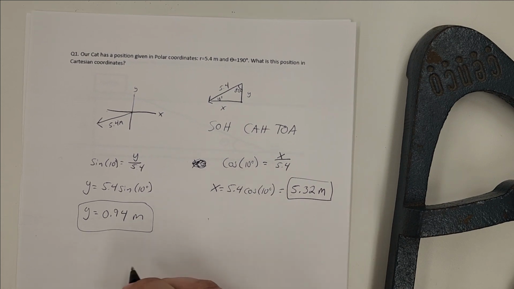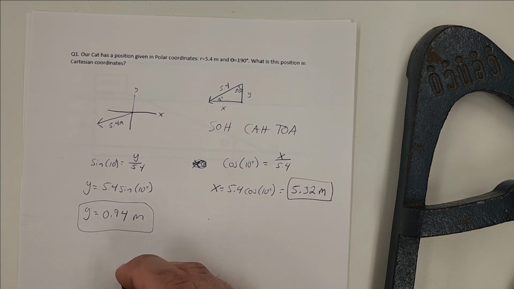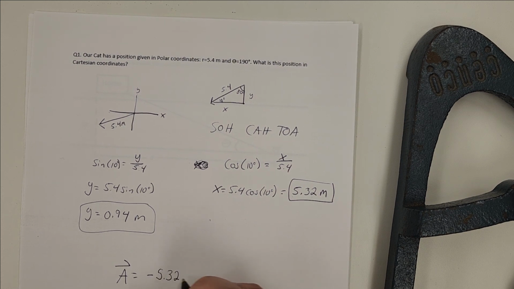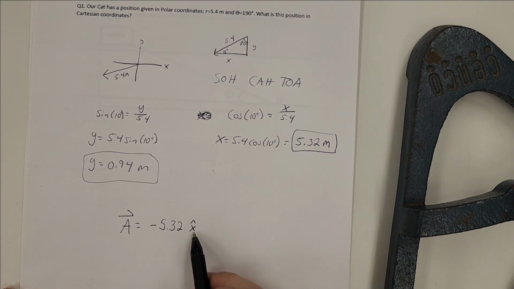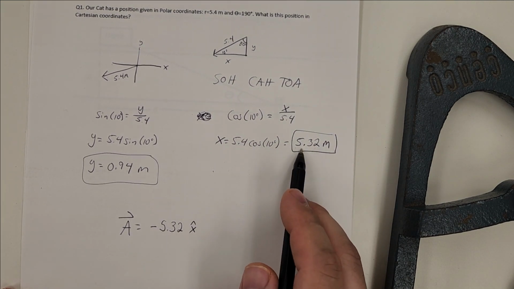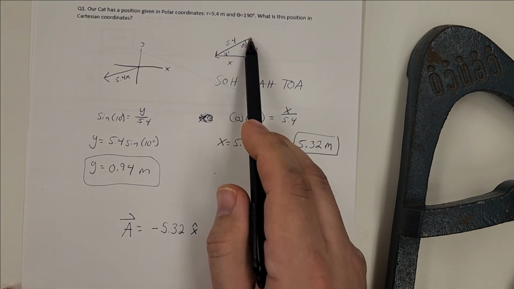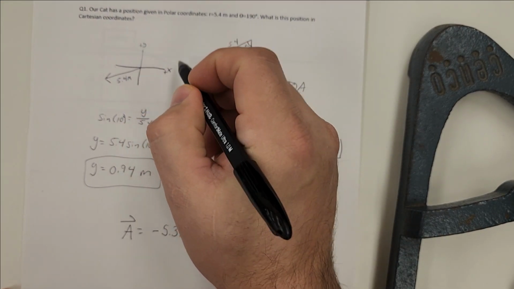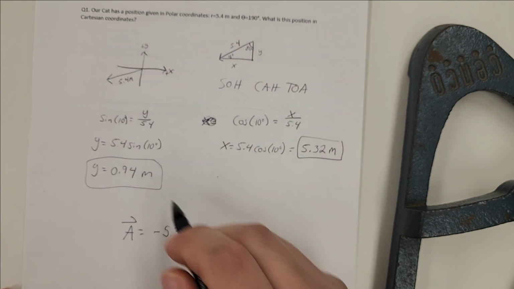So our final answer down here should be, I don't know, whatever this vector is here, we'll just call it vector A, is given by the x coordinate, so this would be a negative 5.32 in the x direction. You could use I direction, I hat, if you'd like. But this would be a negative because it is traveling in the negative x direction. Traditionally, these are both positive, traveling this way, and traveling up is positive.